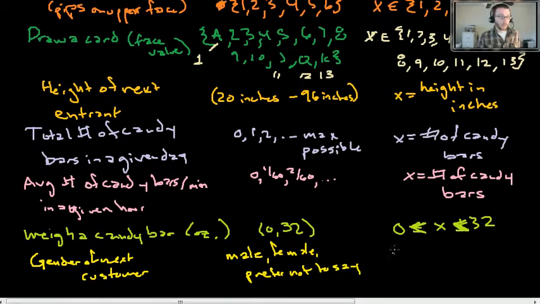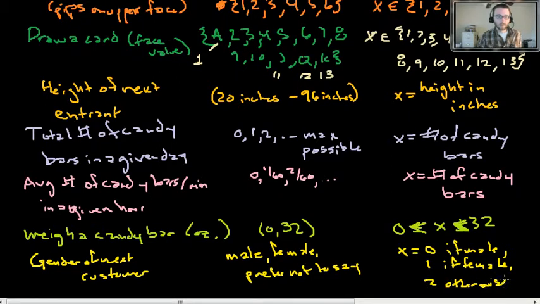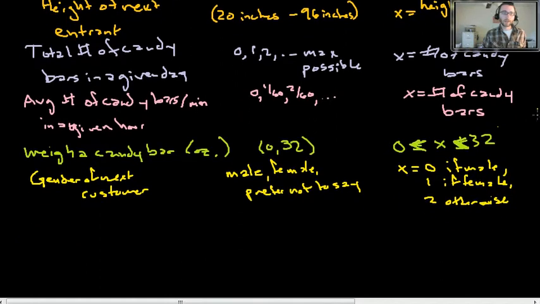So in order to assign a number to this, we would just have to have some rule, right? X equals 0 if male, 1 if female, otherwise 2. Right? If there's missing data, and certainly when we deal with data, a lot of times we have demographic data like that, and we need to assign numbers somehow, right? Some kind of code, and so we do that.